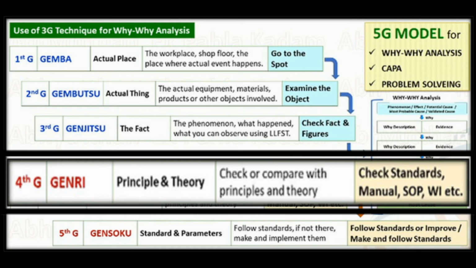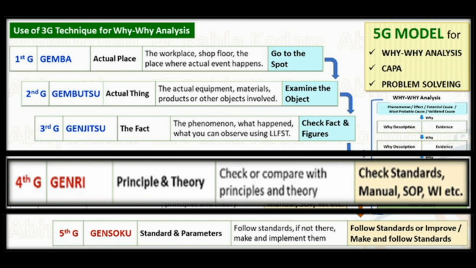So what you have to do at level 4, Genri, meaning the principles and theories behind this, is check the standard manual, SOPs and WIs. Are the standard manual, SOPs and WIs as per the required standard? Is that available or is something faulty?